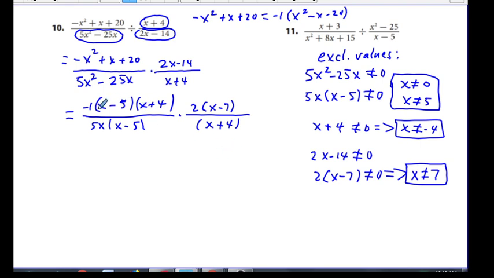I see this x minus 5 canceling this x minus 5. I see this x plus 4 canceling x plus 4. And what we have left is negative 2 times x minus 7 over 5x. And I don't see anything else to simplify further on that.